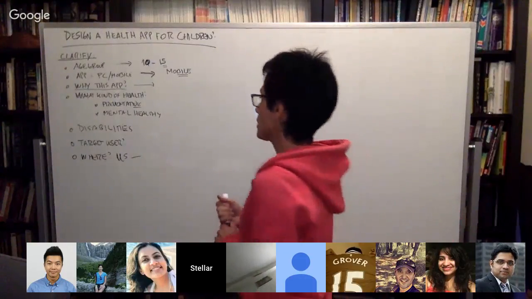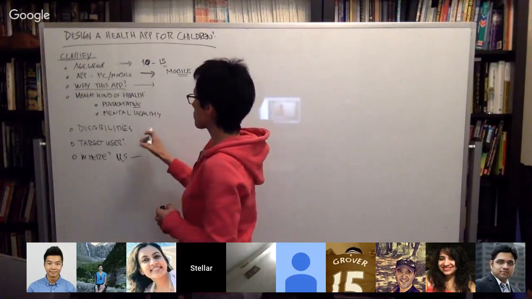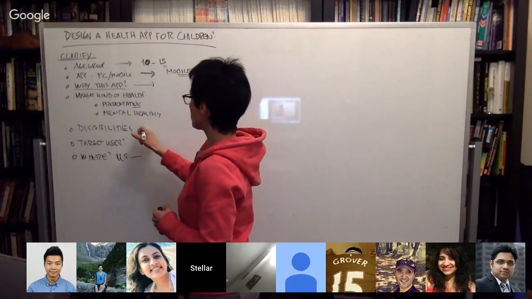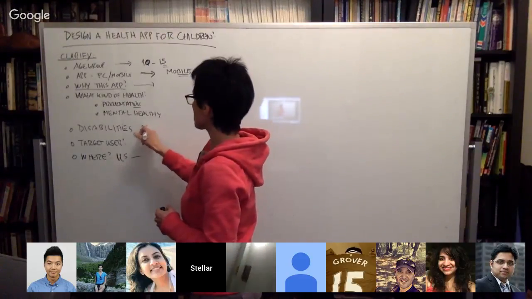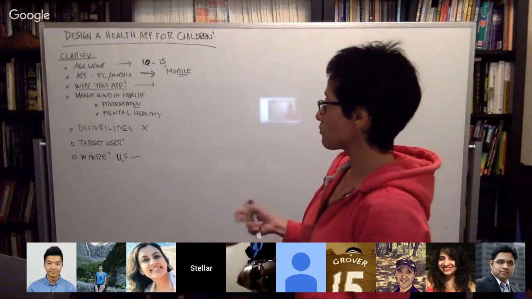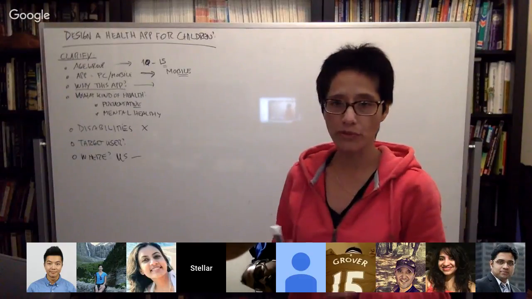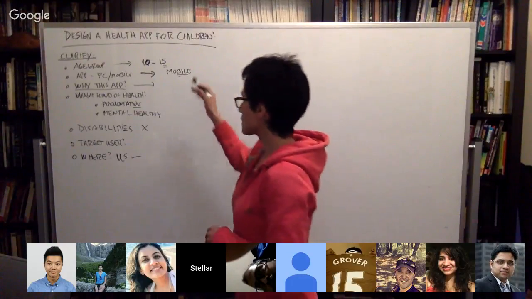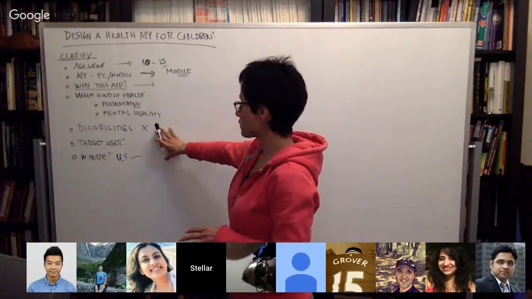Now, in terms of narrowing the scope, I probably would say it's not for disabled kids because they probably have more things to worry about than other regular kids. So making an app for both is probably not going to be feasible. So I would say just for the teenagers that do not have disabilities.